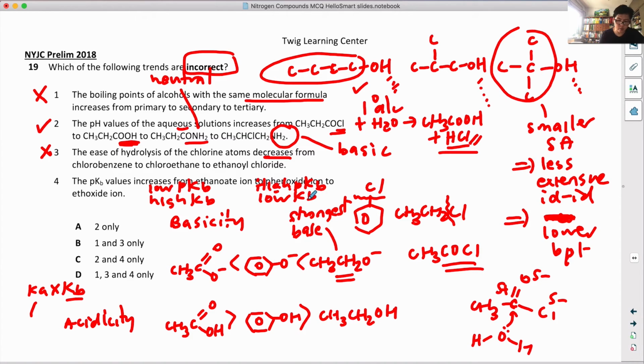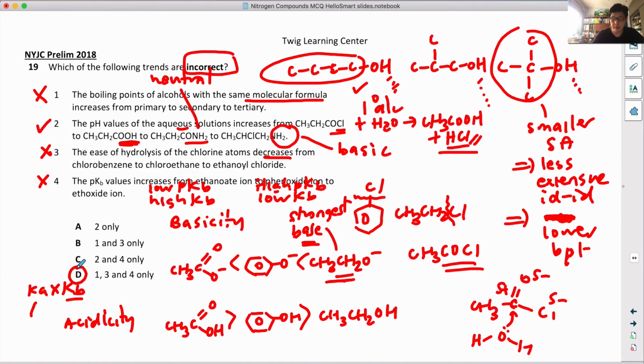So they're actually asking you to arrange from a stronger base to a weaker base, but this is the strongest base, so actually it's incorrect. It's incorrect because this is the strongest base, but they want you to arrange from strongest base to weakest base. So 4 is incorrect. So which statements are incorrect? 1, 3, and 4, all of them. So this question is a bit demanding, right?